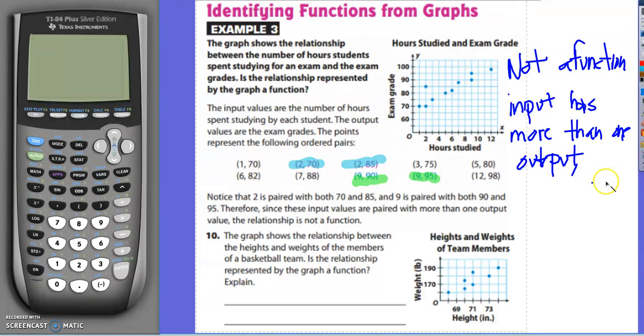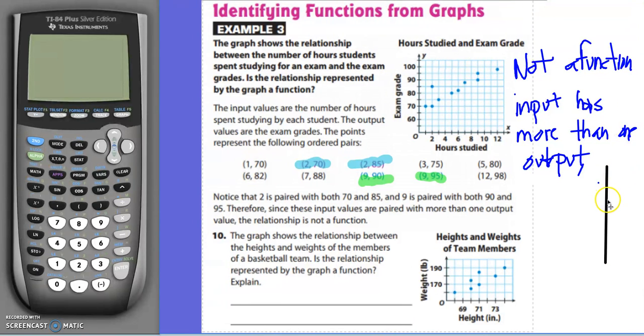If we have, let's say, a straight line, and we pass it through this line right here, it's going to go through 2 points, so it's not a function. This is 1 point, 1 point, 1 point, 1 point. This passes through 2 points. This is only 1 point. So right here and here, it does not pass the line test.